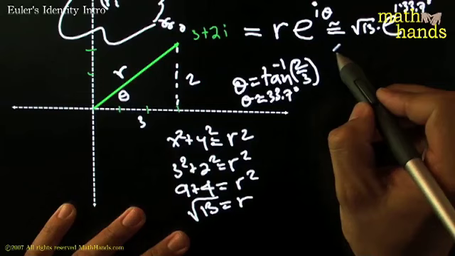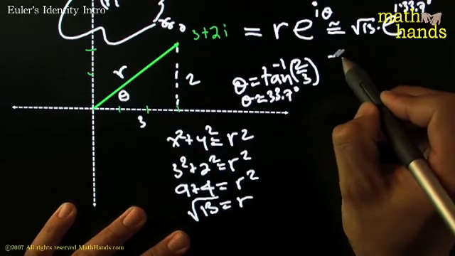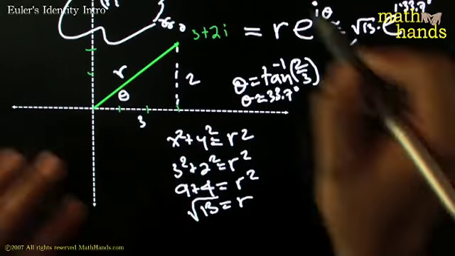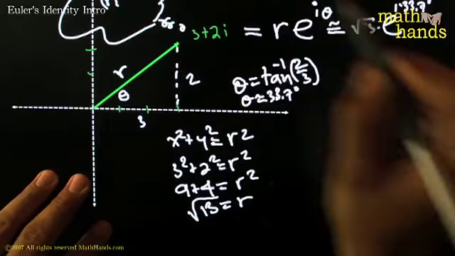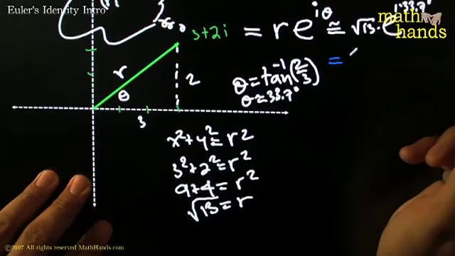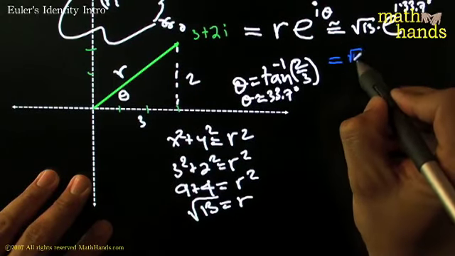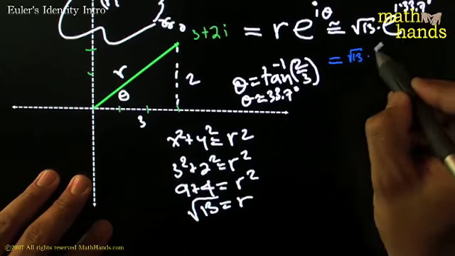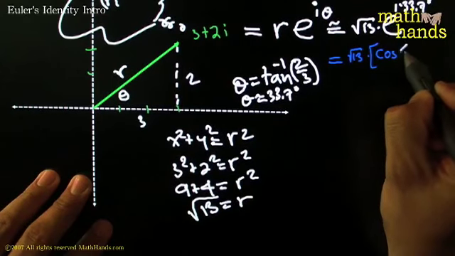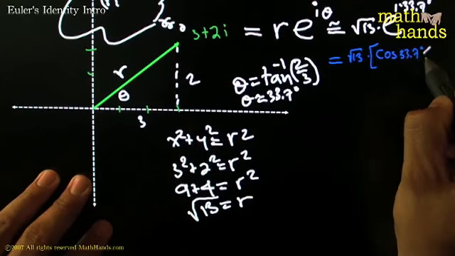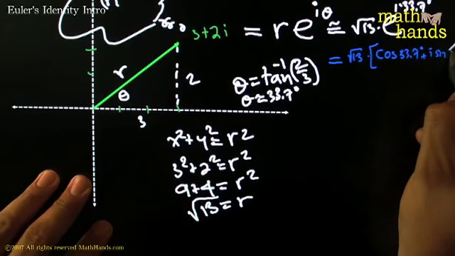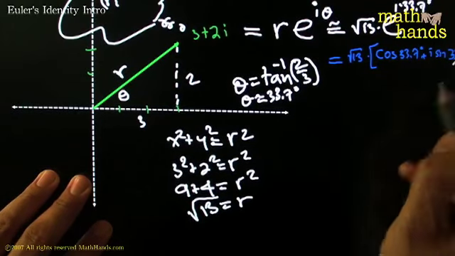And if you don't believe me, it's easy to check to see if you did it right. Here's how you could check. You could change colors to the checking color, blue, and you just go like this: square root of 13 times cosine of 33.7 degrees plus i times sine of 33.7 degrees.